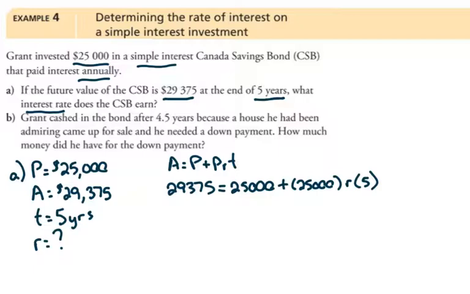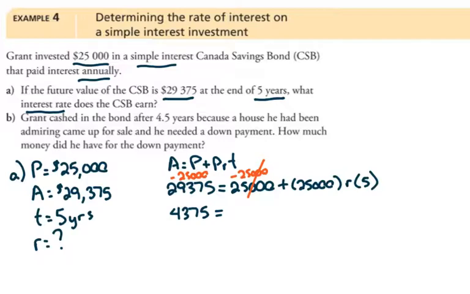Just like when we solved with T in that last example, the steps will be basically the same. First step is to subtract 25,000 from each side. Gives us 4,375 on the left.